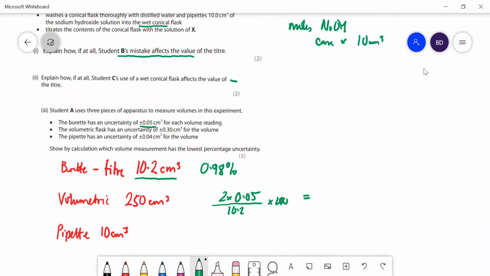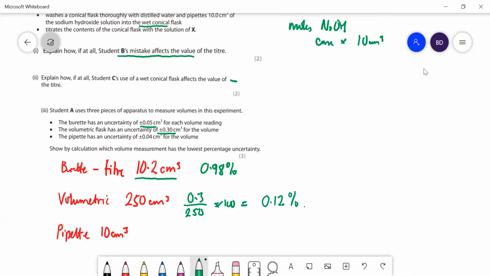The volumetric flask, well, he's got an uncertainty of 0.3, so that is going to be 0.3 over 250. It's going to be absolutely tiny, times 100. 0.12%, and that is going to be the lowest one.